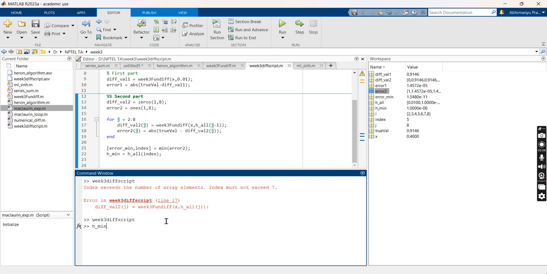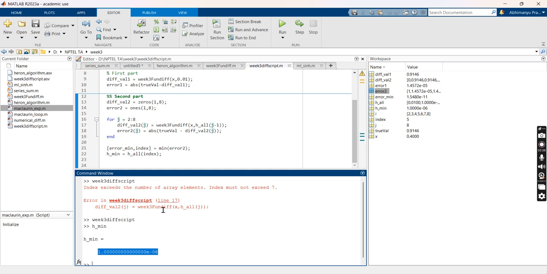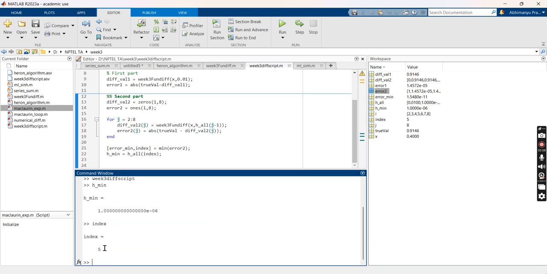Now my h min, if I try to see, so this is this. What was the h min that we were getting previously? Yeah, so the index is fifth only.